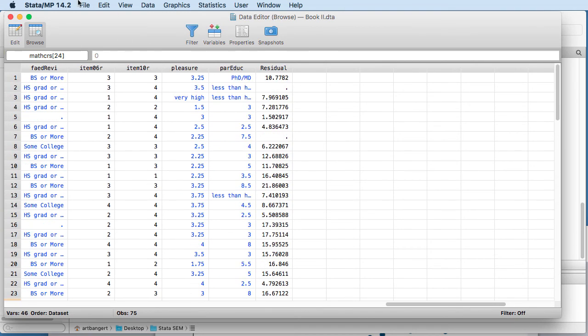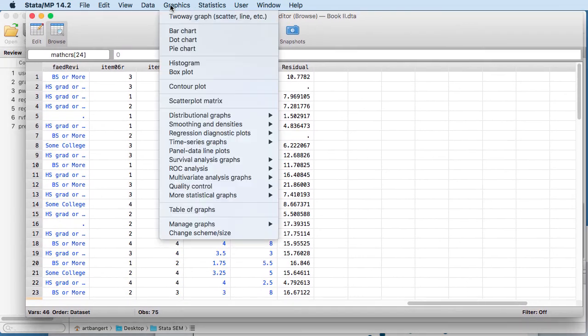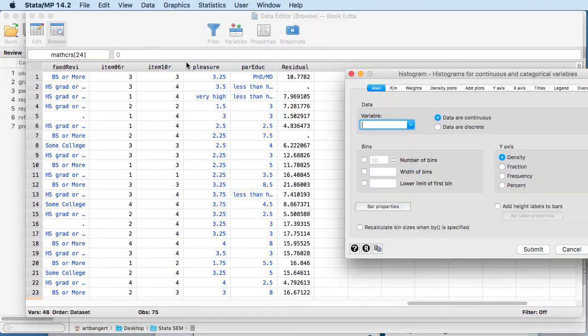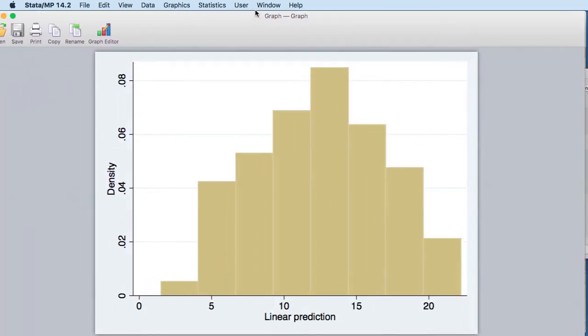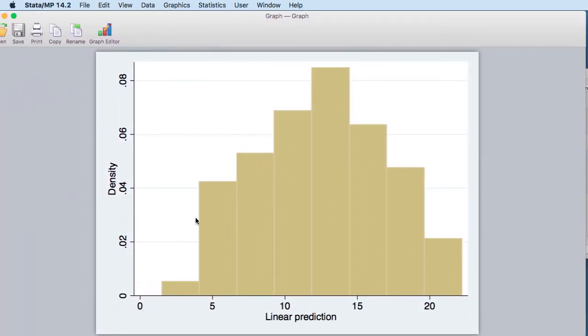Now, what I can do is I can go to graphics, and I can get a histogram of the residuals. And I can submit that. And so I can see that my residuals look fairly normal. So I've met that assumption of having normally distributed residuals.